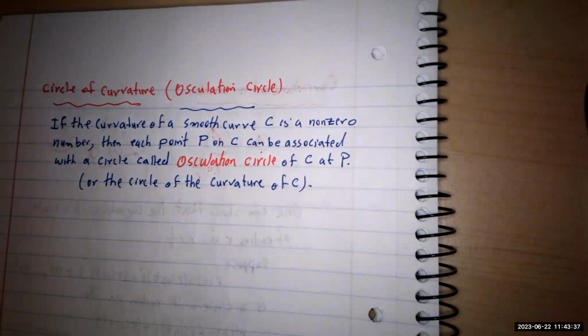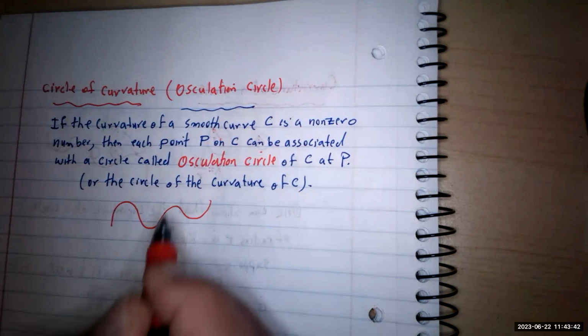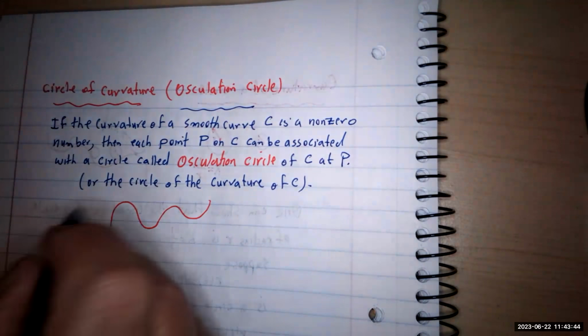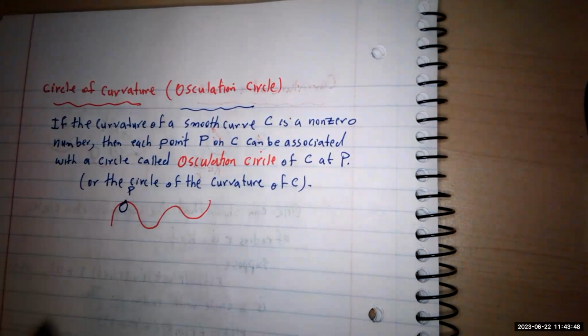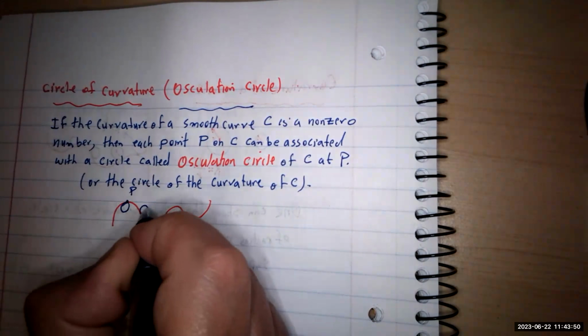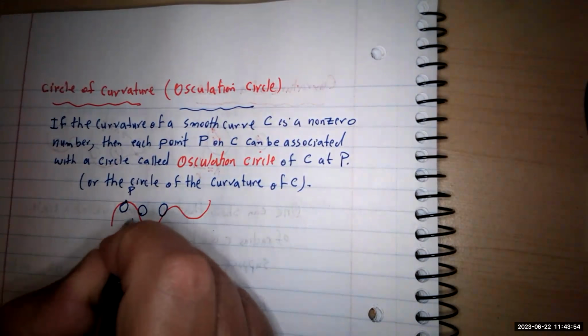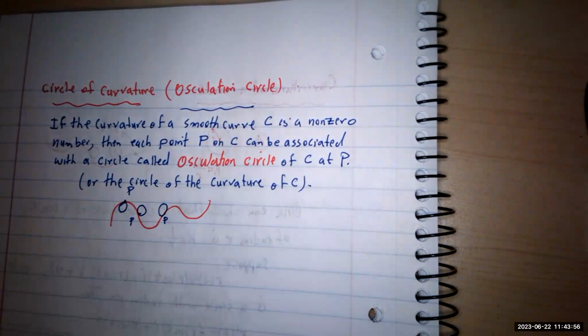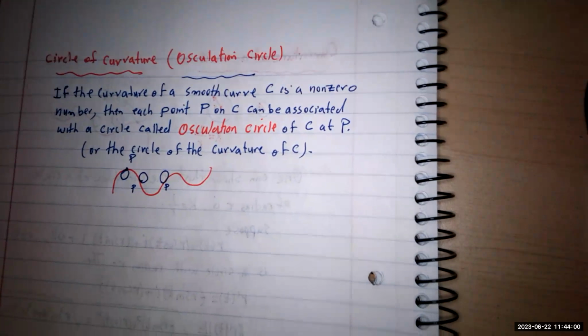At any point P, you consider this circle. You just move on, and at any point you can get your curvature.